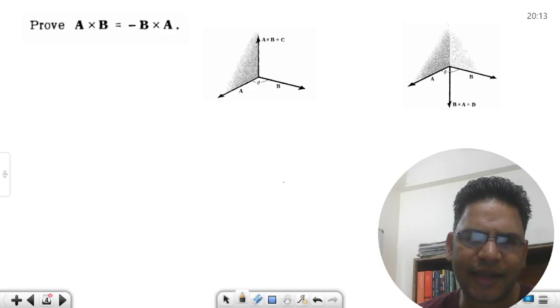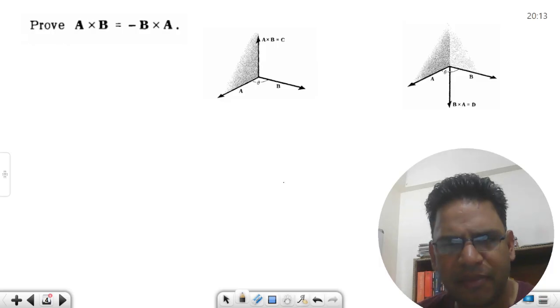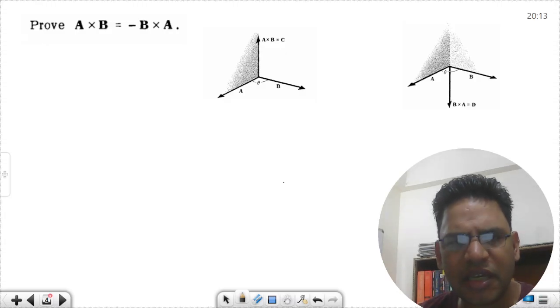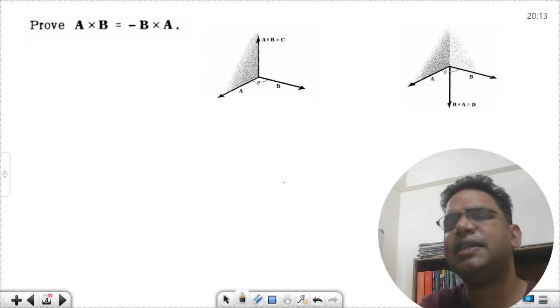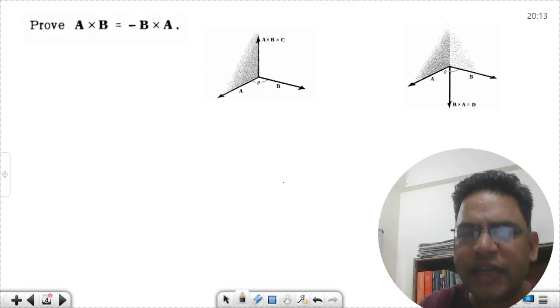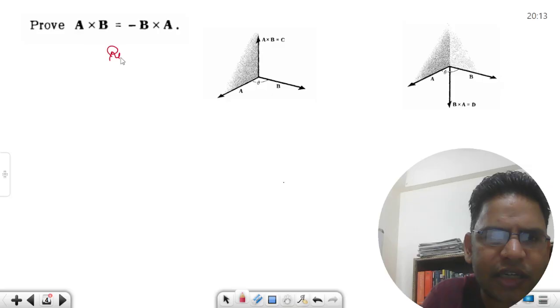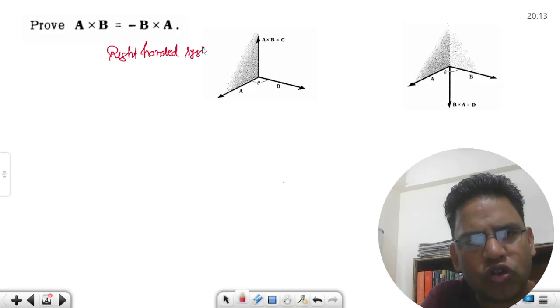Now look at this once and tell me how A cross B and B cross A can be identified. If you can see this diagram, you can easily identify it in the right-handed system. If you rotate your right hand from A towards B in the right-handed system, you put your hand on A, rotate it towards B, this thumb is in the direction of A cross B. It is very easy to identify if you understand what the right-handed system is. Right-handed system has to do with your right hand.